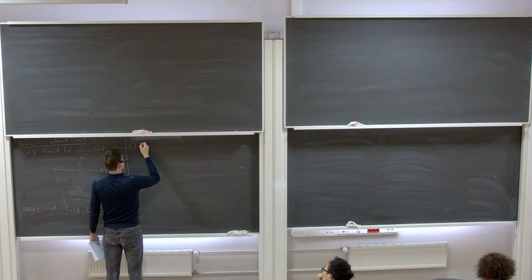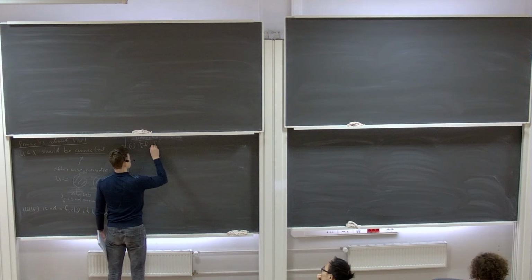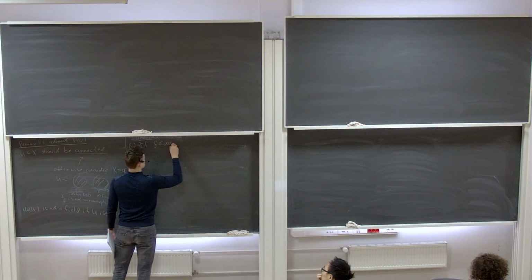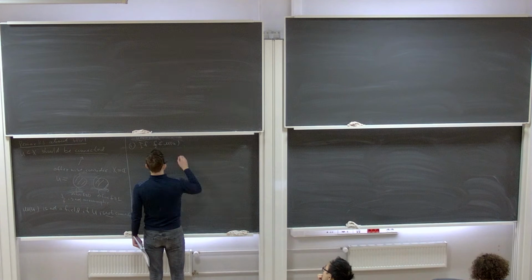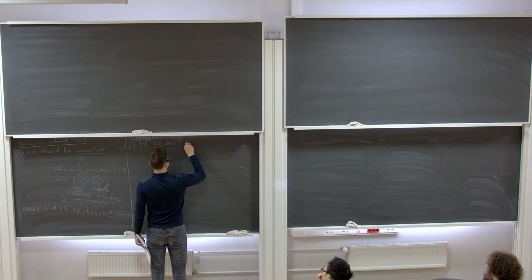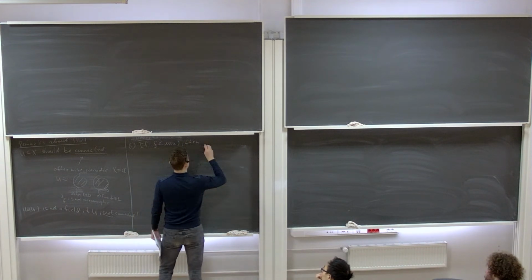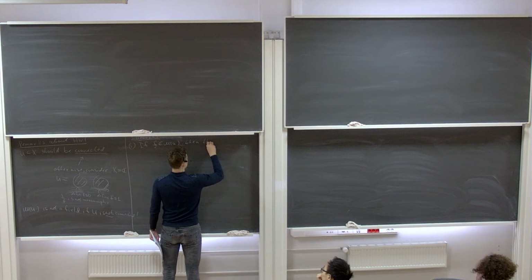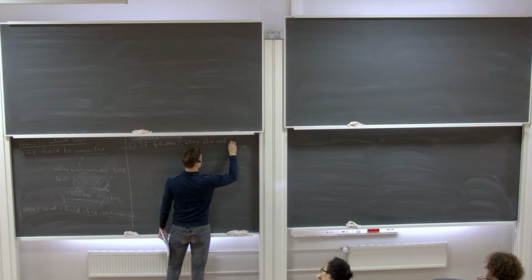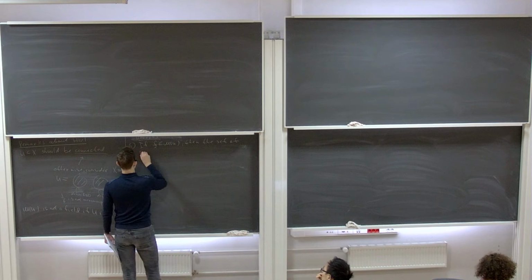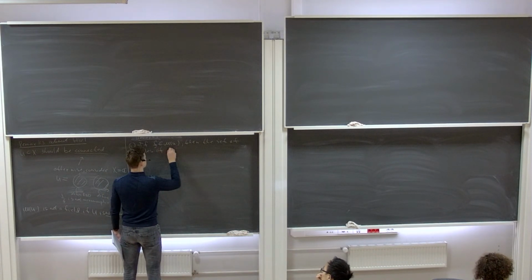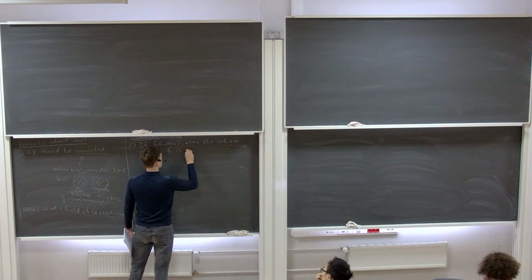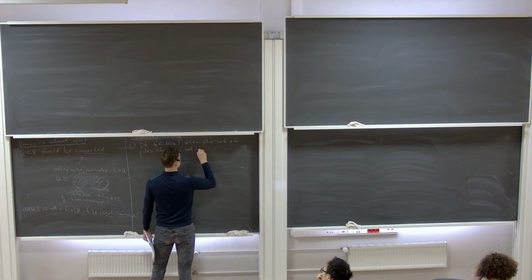If F is a meromorphic function on U, then the set of poles of F is not necessarily finite.